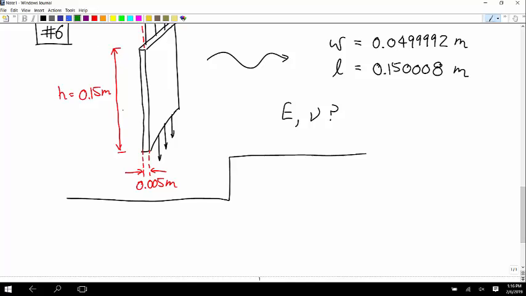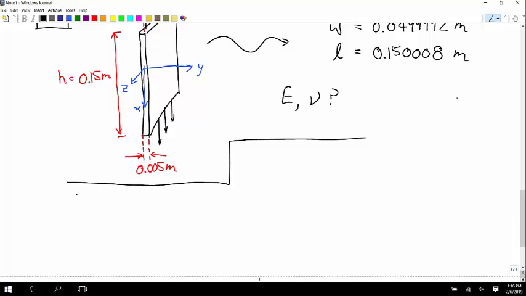And we'll use a coordinate system with the x-axis along the loaded axis. Y-axis, I'll do like that, so this is x, this is y, and then x cross y has to be the z-axis, so the z-axis has to come out like this. Young's modulus is the normal stress in the loaded direction divided by the normal strain in the loaded direction.